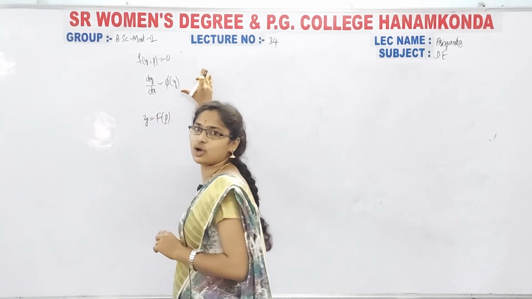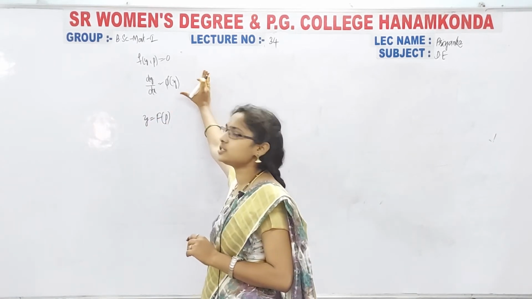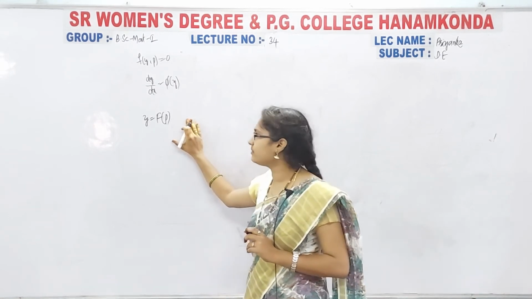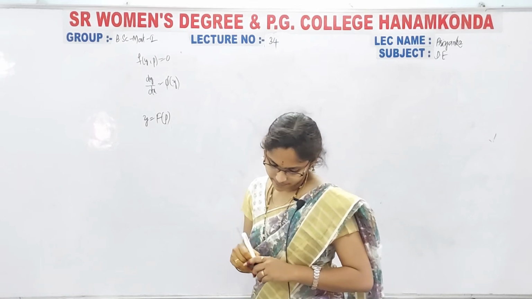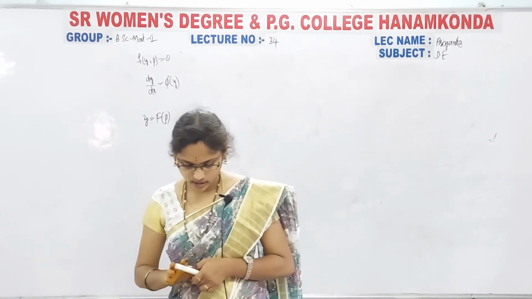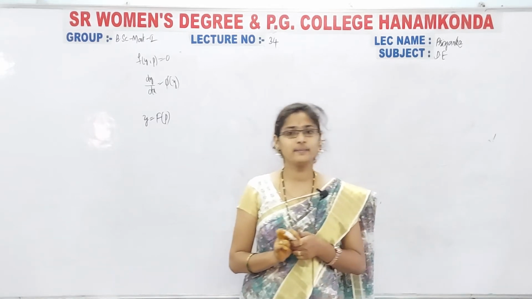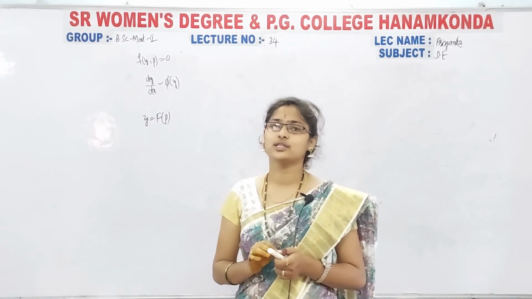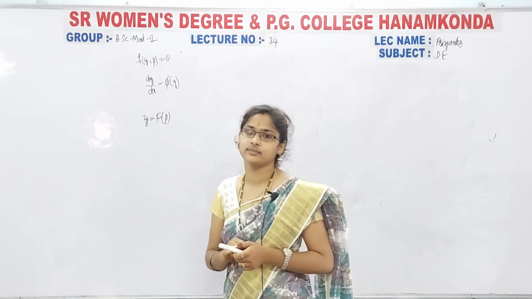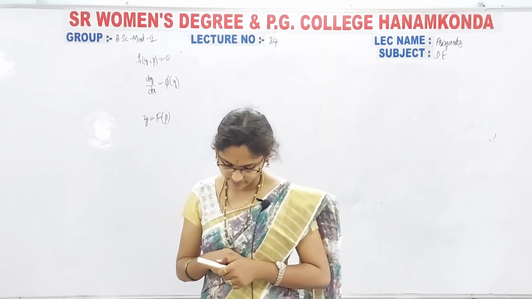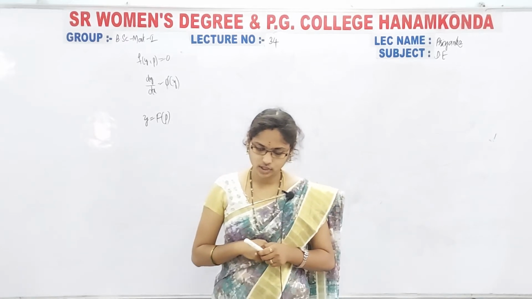If the equation is solvable for p, then we will get like this, and if the equation is solvable for y, then we will get y equal to f of p, which is the case of equations solvable for y.